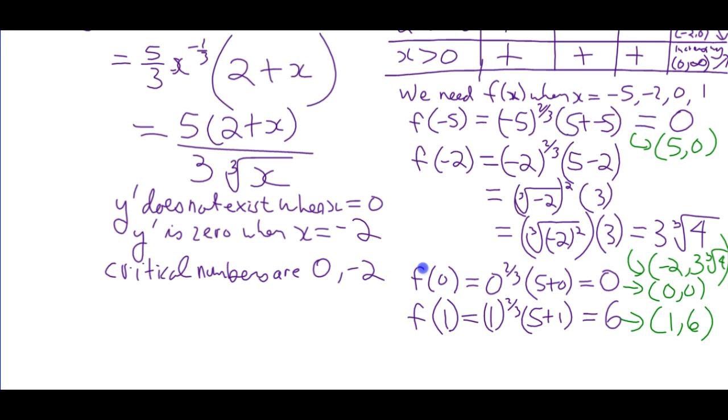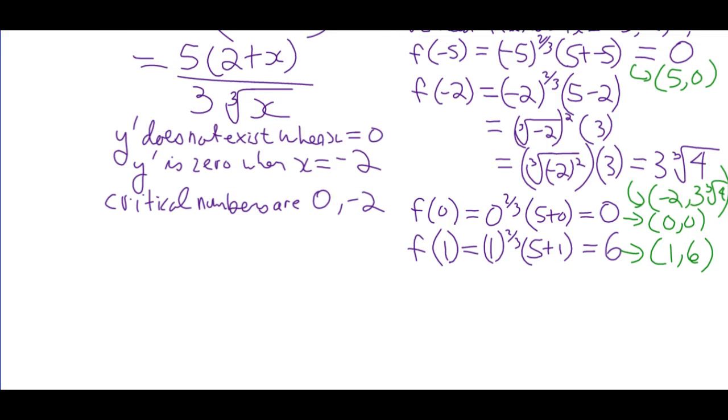Okay, we're not going to sketch this. We're just going to look at this and say, okay, what have we got? All right, is this an absolute max or an absolute min? Is there anything lower than 0? No, and it's on the end, right?